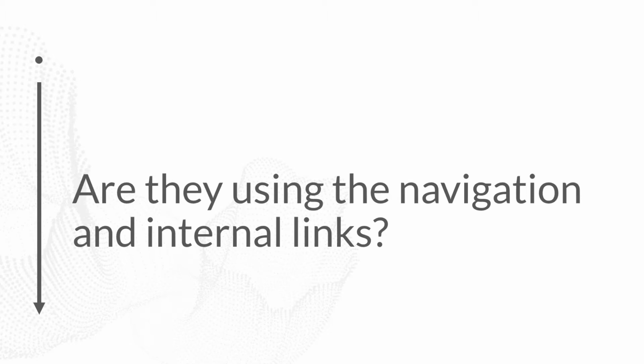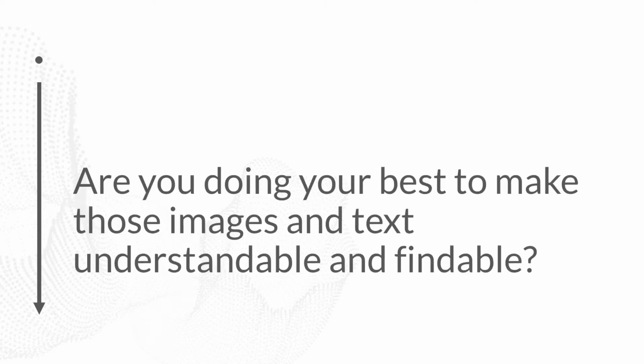Are they following links in the navigation? Are they following links contained in your content? Ultimately, you want to know if you're doing your best to make those images and text understandable and findable. And that requires looking at a lot of different factors and a lot of different metrics and really exploring your website in a different way, not just following a simple checklist.